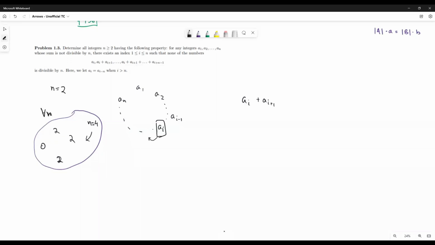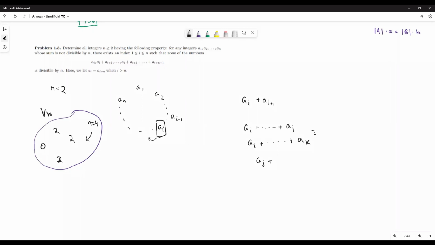So we will have some a_j mapping to some a_k modulo n. So two numbers are congruent. What you mean is, one collection of numbers goes till a_j and another collection goes till a_k.